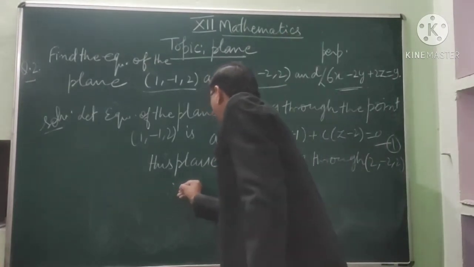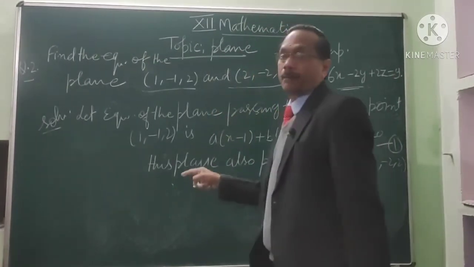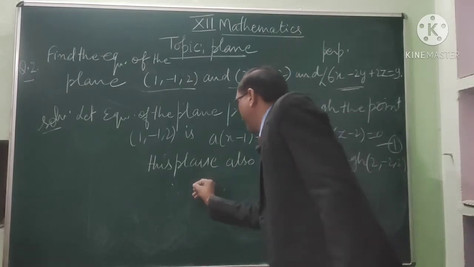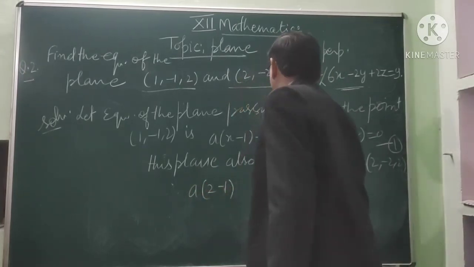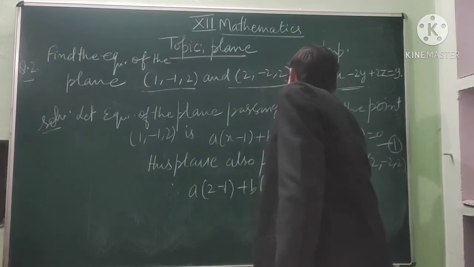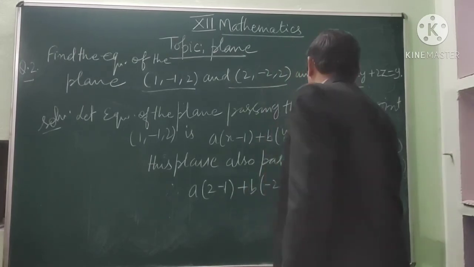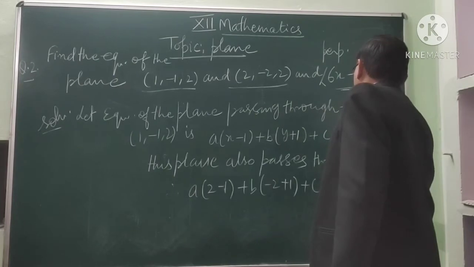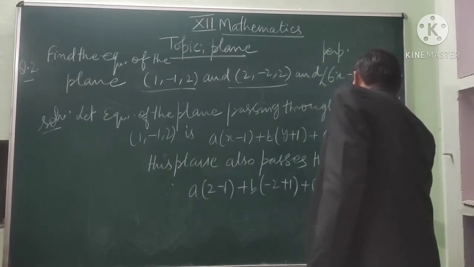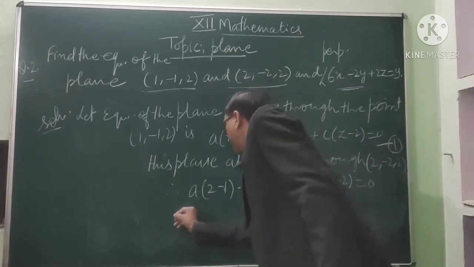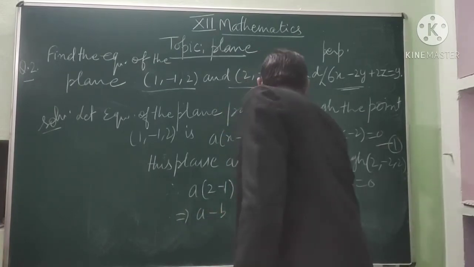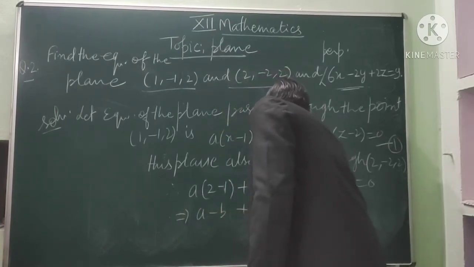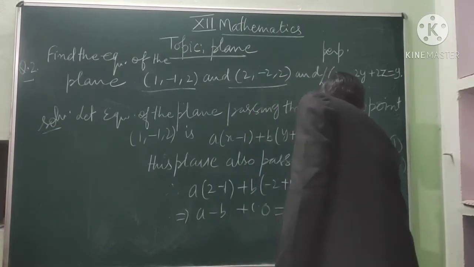Therefore, this point will satisfy the equation of the plane. So it is a(2 - 1) + b(-2 + 1) + c(2 - 2) = 0. This gives you a - b + c times 0 = 0. Let it be equation 2.